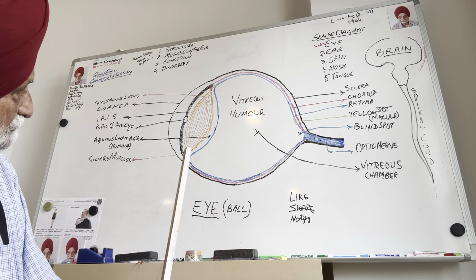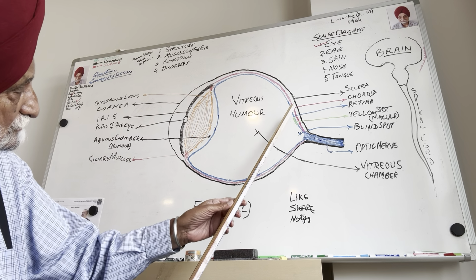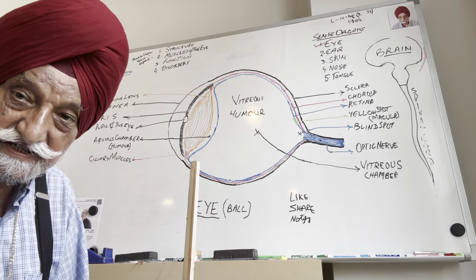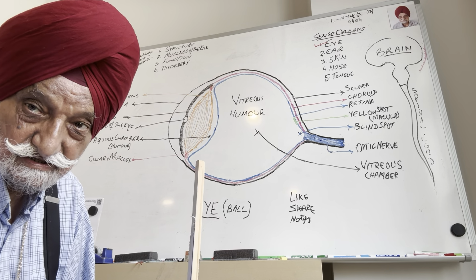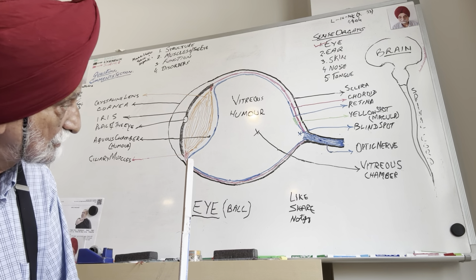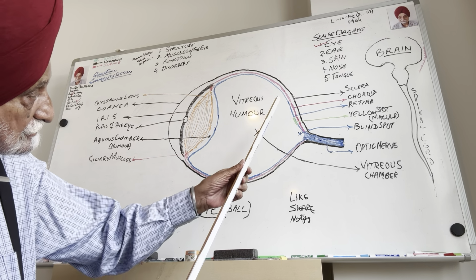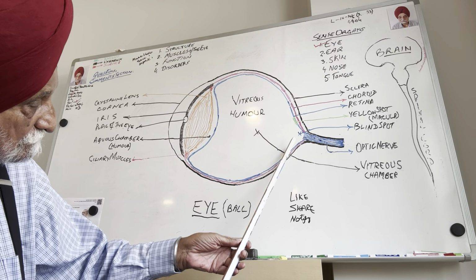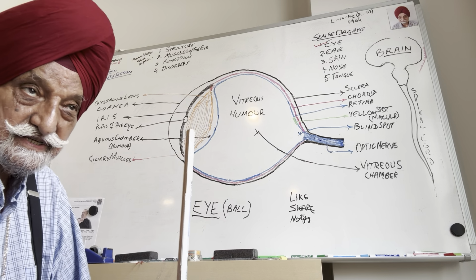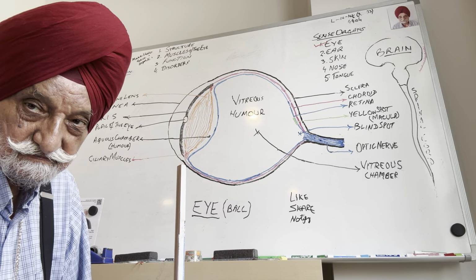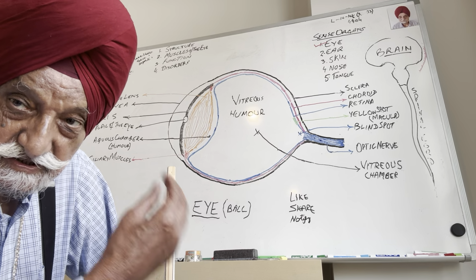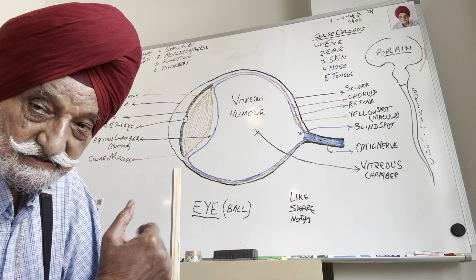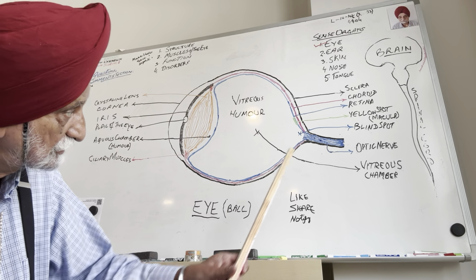Toward the outer side is the sclera, which is a fleshy layer, white in color. You can see in your eyes there's a white structure, that is the sclera. And this sclera goes and covers the optic nerve so that the electrical impulse that passes through the optic nerve is insulated and cannot escape.